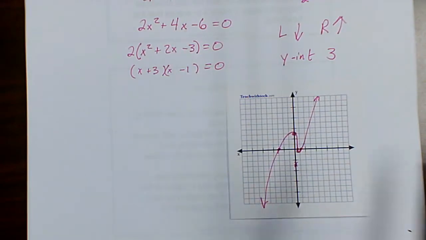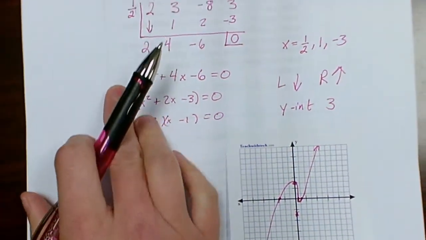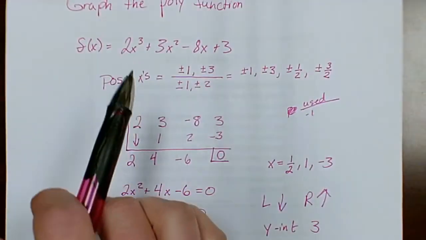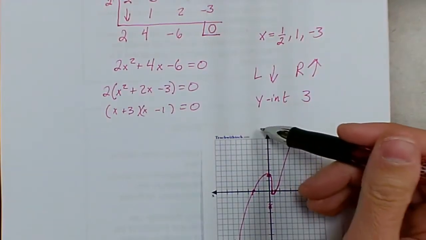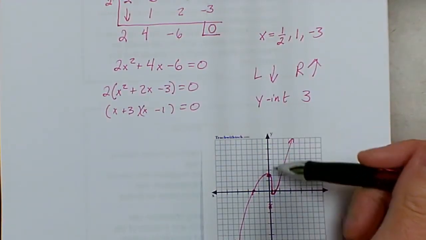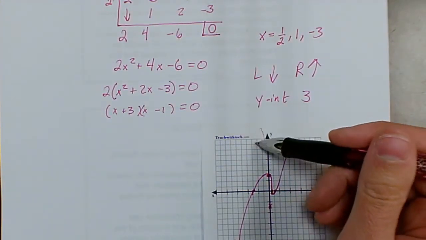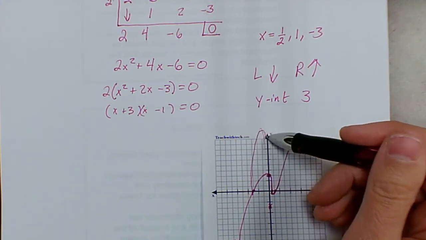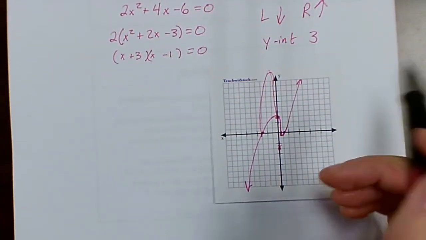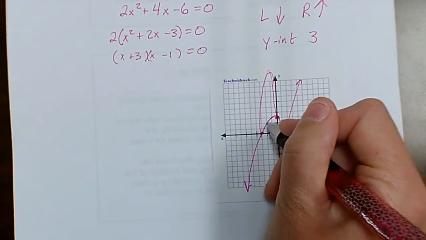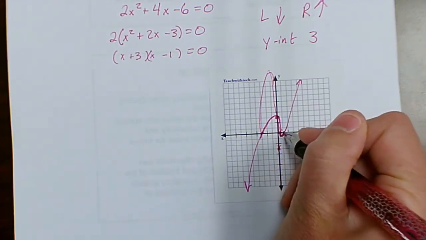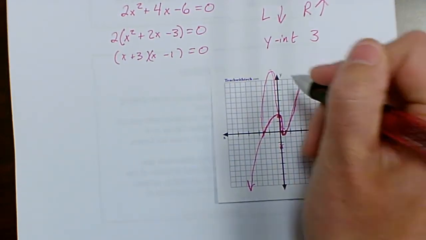So when you plug negative 1 in for this function, we said it was going to be all the way up to 13. So this actually technically needs to go way up here. But we're just sketching the graph, so you can just do however you need to sketch it.